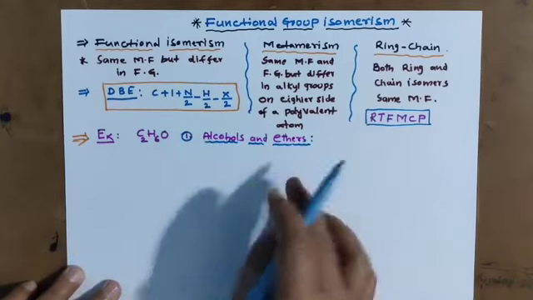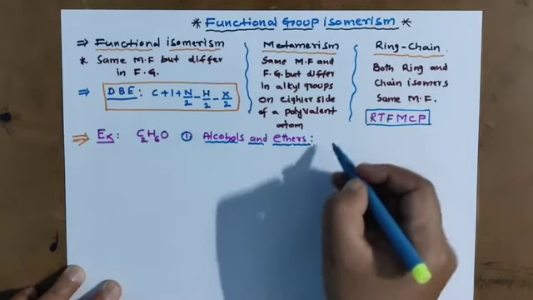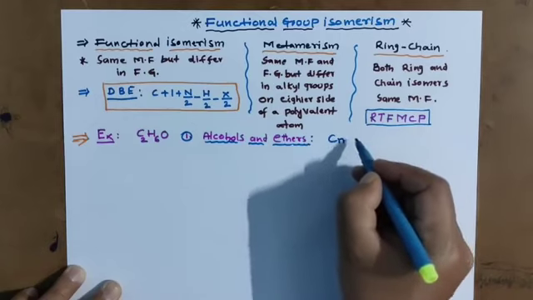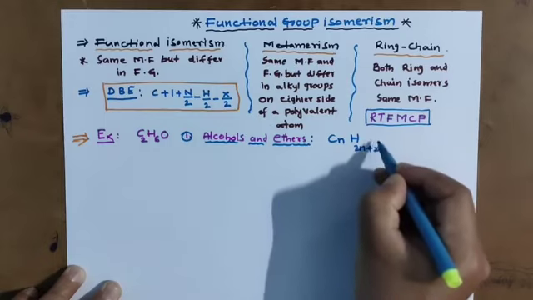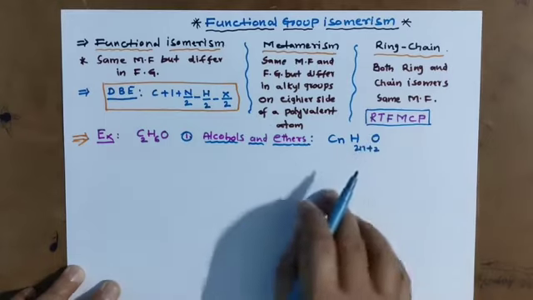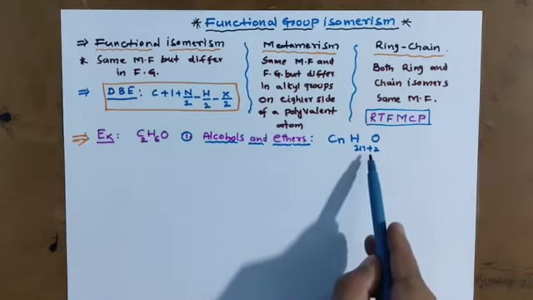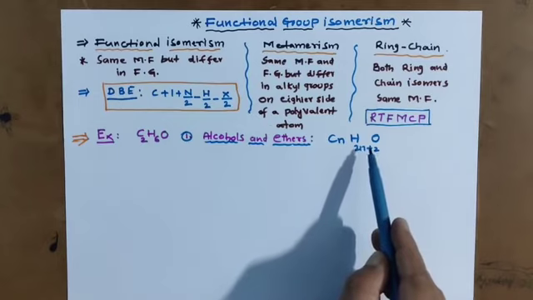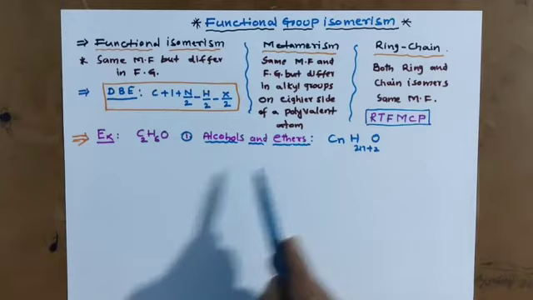Why do these two combinations exhibit it? Because they have the general formula CnH2n+2O. Alcohols and ethers both have the same general formula, and having the same general formula means they exhibit the same type of isomerism.